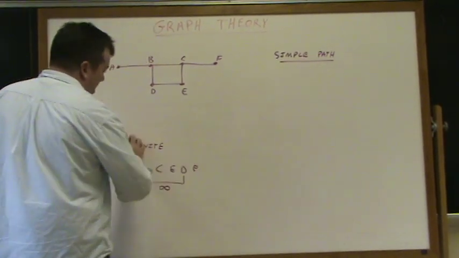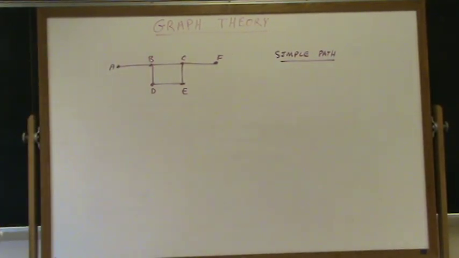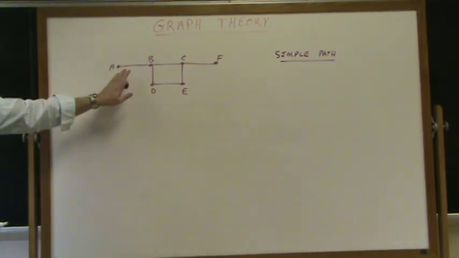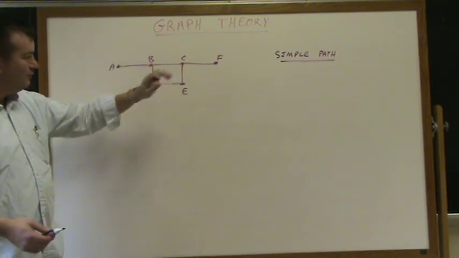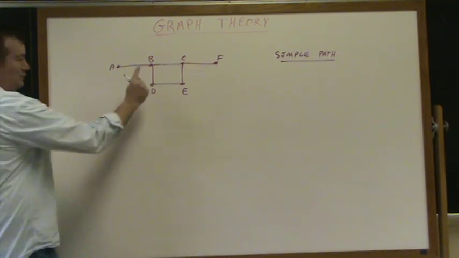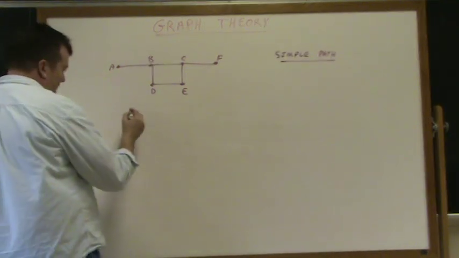Okay, so what would be a good way to symbolize the edge, like the edge between B and C? One thing we could do, we could start labeling the edges with Greek letters maybe, but if we just use the 2 points at each end and then draw a bar over it, that's a pretty common way to refer to it.